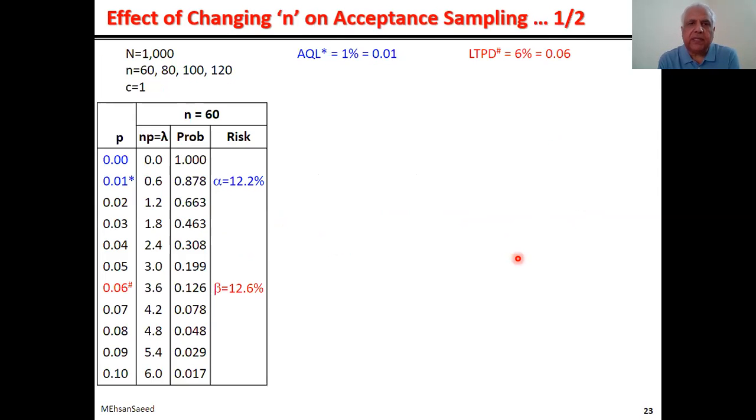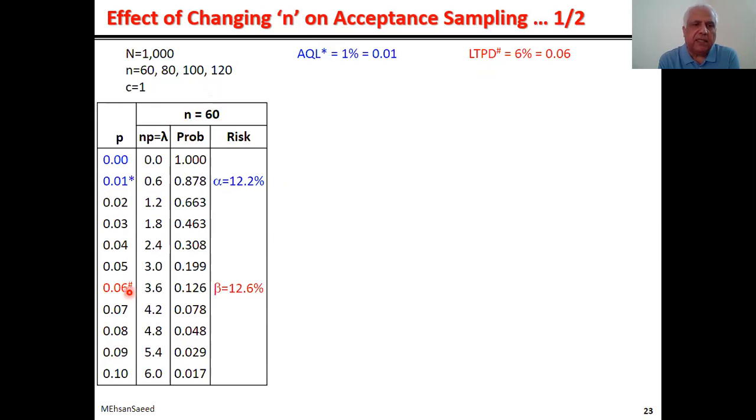Let's go to the next slide. This is the data, and this is what we have constructed for n is equal to 60. What we did here, we listed the quality levels from 0 to 10% in deteriorating order. AQL was 1%, asterisk means AQL, crosshead means LTPD.